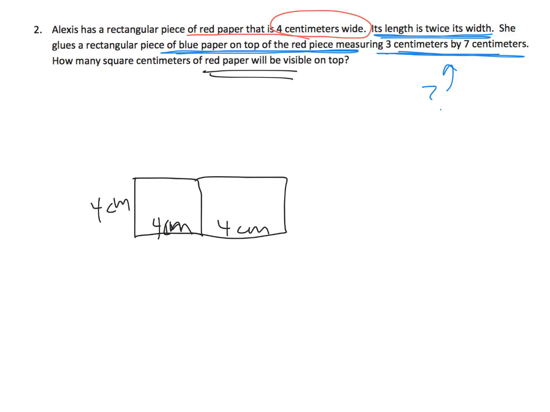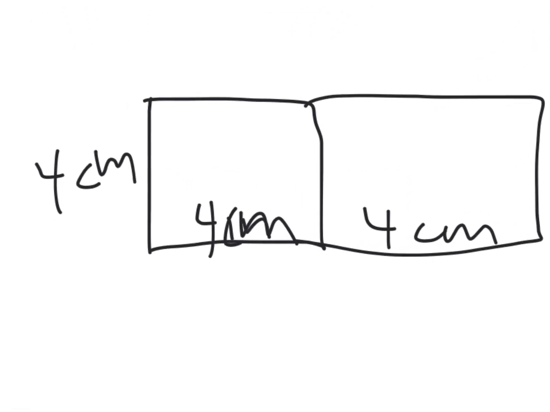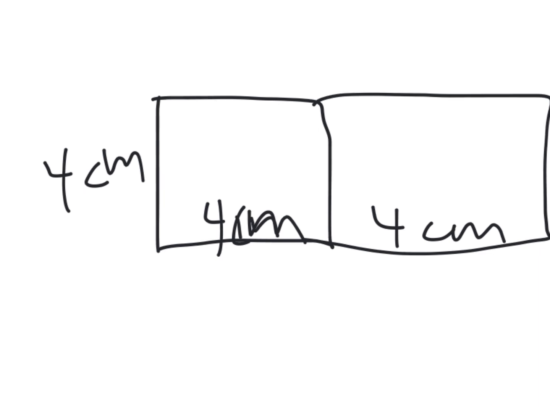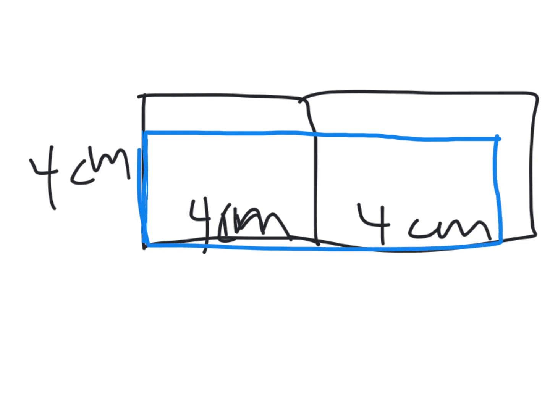So ostensibly, I'm going to zoom in a little bit, and I'm going to say the blue goes up to 3 centimeters, so it's going to go up here to 3 centimeters, then it's going to go over here to 7 centimeters, and so here is the blue section, which is 3 centimeters by 7 centimeters.